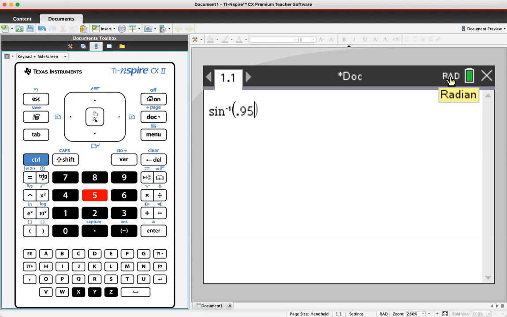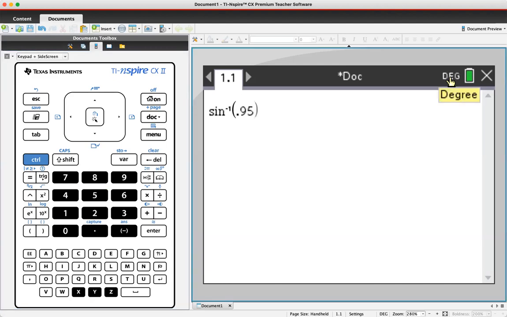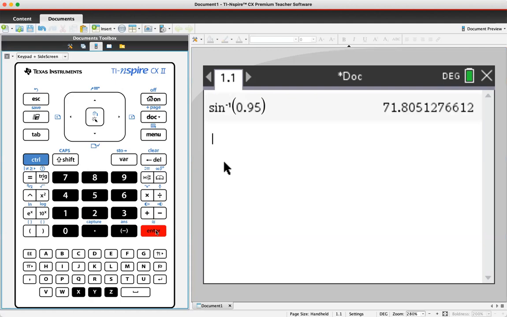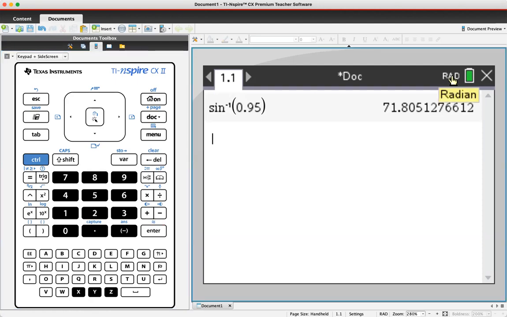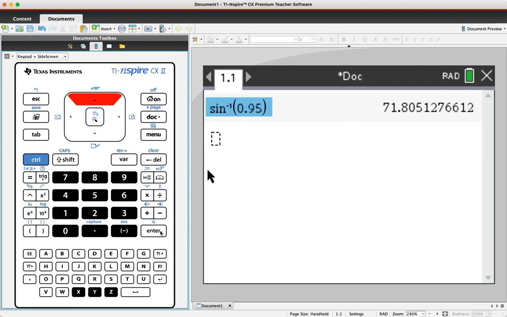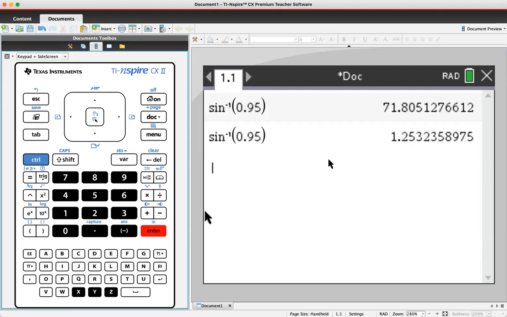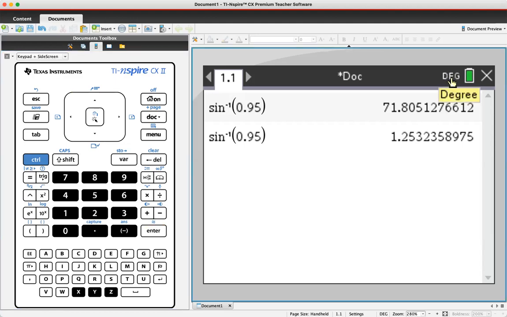So for letters A through C, we want it to be in degrees. So I'm going to convert this to degree mode. And now I'm going to hit enter. And we find out that the sine inverse of 0.95 is 71.8 degrees. If we were in radians and I did this computation, I would find out that sine inverse of 0.95 is 1.25 radians. So for the first three calculations, we want to be in degree mode.